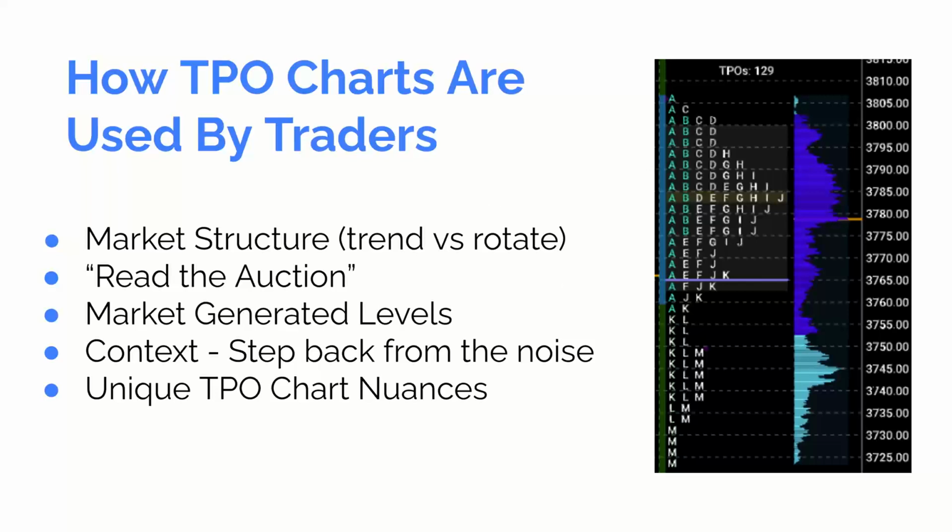Each day has a high volume price, the VPOC, volume point of control, which you'll see in a little bit, that can be a level to lean on or a target. That's a market generated level, and it's nice because you're not using a lot of technical analysis. It's a much more organic way of reading price action and reading the market.